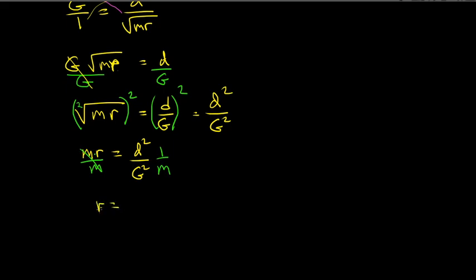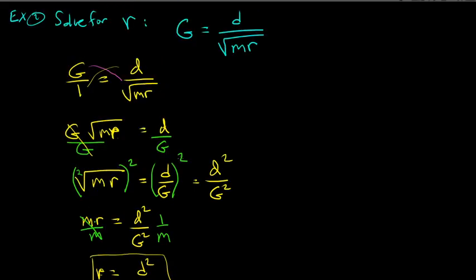And on the right, sorry, that's still an r. On the right, you get d squared times 1 over g squared m. And that's it. That's the r, right? So r, here's the original equation. We solve for r. R equals d squared divided by g squared m.